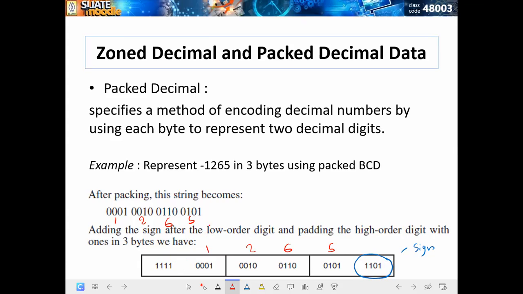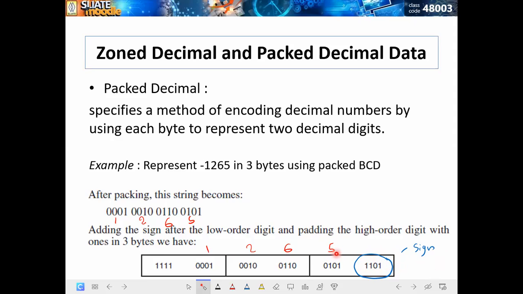We must fill it with some value, so we put the unsigned value here. Right, so now here you have to be careful. If you are going to represent in packed decimal, we are going to start from the sign, not the value. The rightmost 4 bits are used to represent the sign.